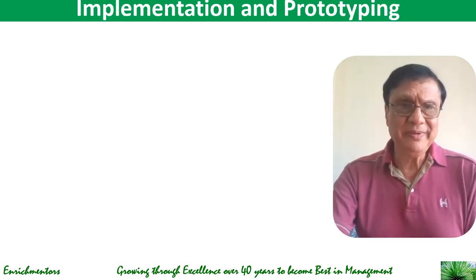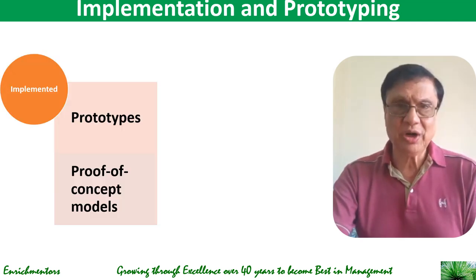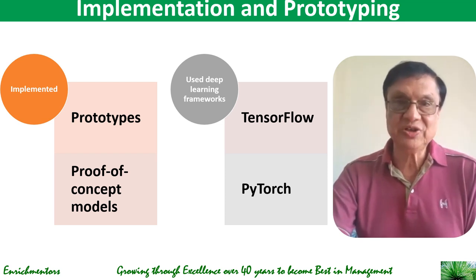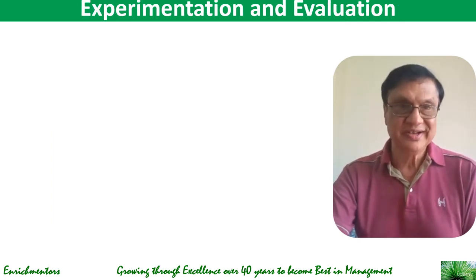Then they began implementing prototypes and proof of concept models to explore the proposed techniques, and they used deep learning frameworks like TensorFlow and PyTorch to develop and train text classification models for their research.